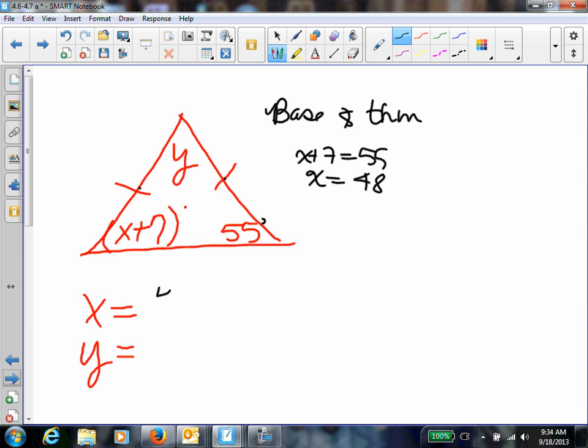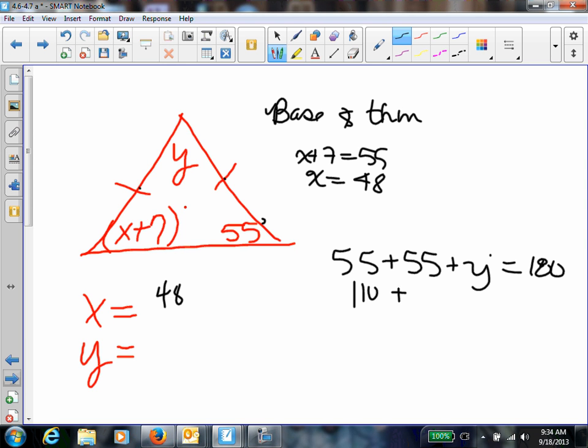Now, what is y? Well, we're going to have 55 plus 55 plus y equals 180. And so we get 110 plus y equals 180. So y is 70 degrees. I don't have a degree sign on x because x is part of the degrees already, but I need the degree symbol on y because it's a value.